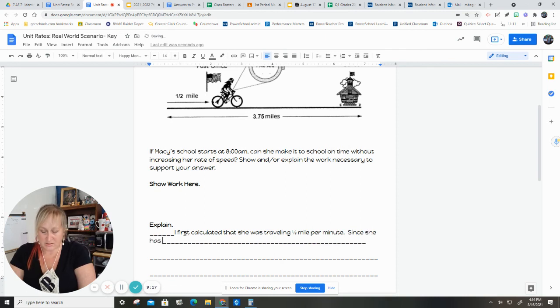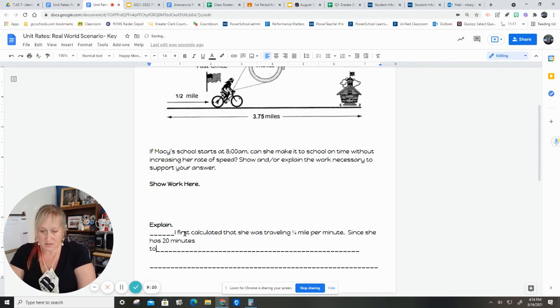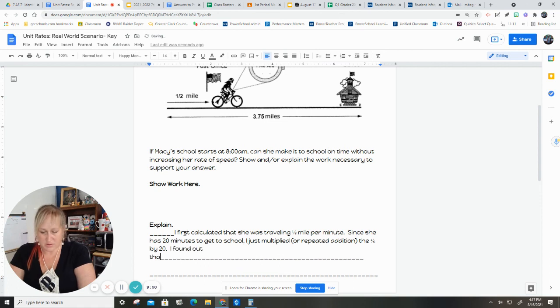Since she has 20 minutes to get to school, I just multiplied, or repeated addition, the 1/6 by 20 times. I found out that she will get to school on time.